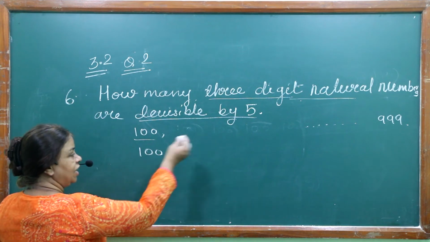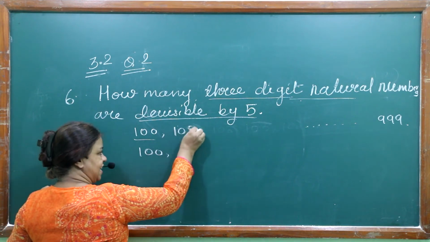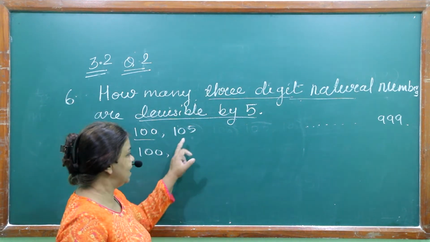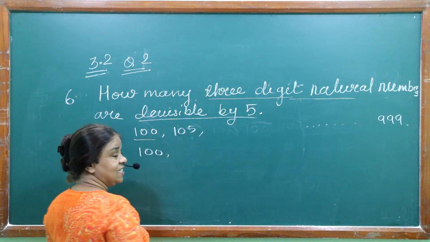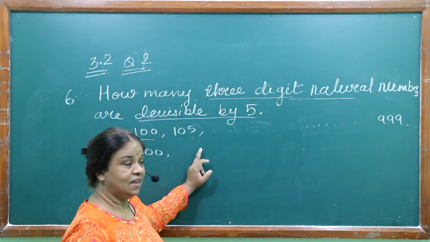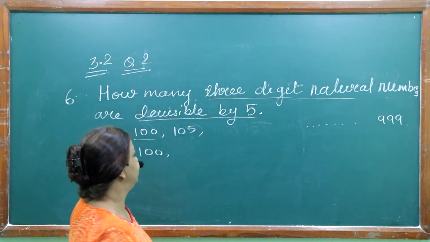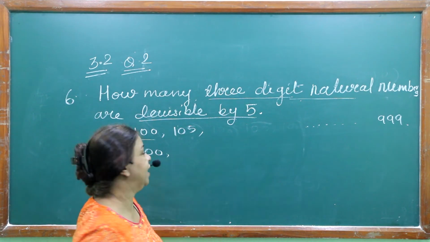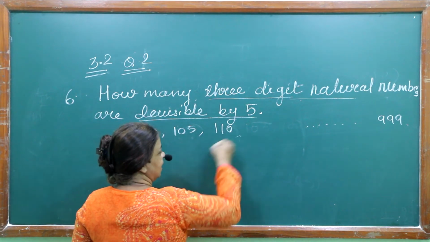So after 104 what comes? 105. Yes, 105 is divisible by 5. 5 2s are 10 and 5 1s are 5. Then 106 is not, because it's an even number and 5 is an odd number. 107 not, 108 not, 109 not, 110 is divisible.